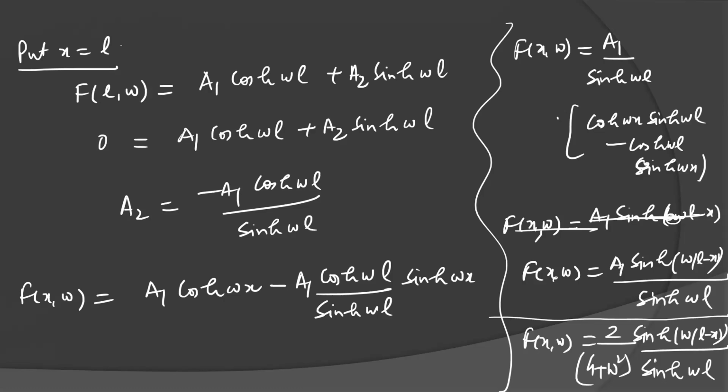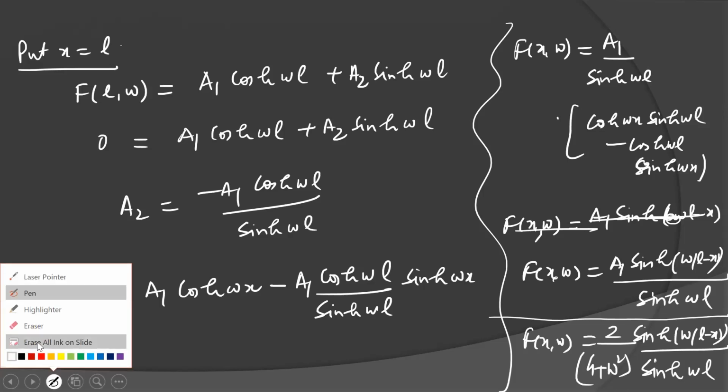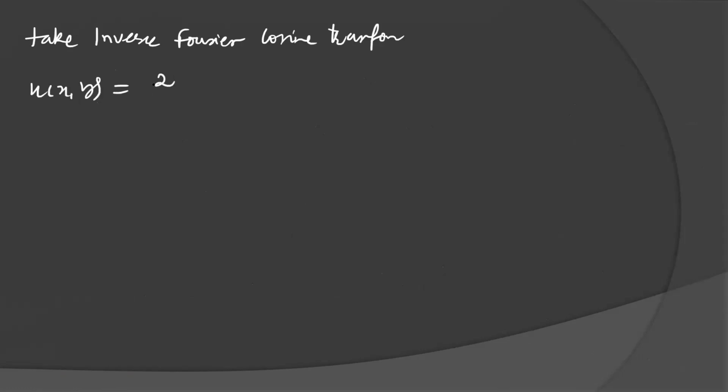Now for finding u(x, y), we have to take the inverse transformation. So take the inverse Fourier cosine transform: u(x, y) equal to 2 over pi, integral from 0 to infinity of f(x, omega) cos omega y d omega. You can see the lectures of sine and cosine transformation I have discussed in part 2.